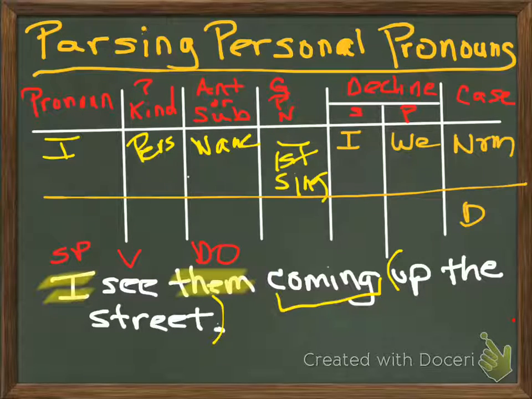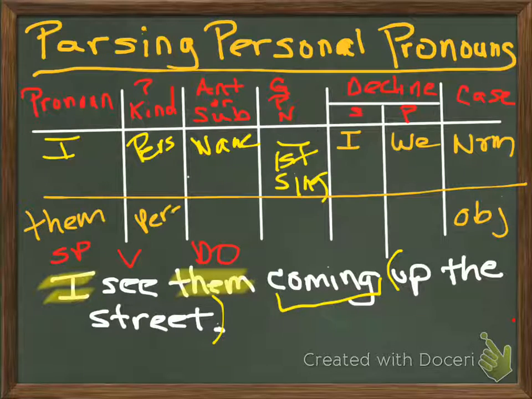We already know the case. It is a direct object, so it's in the objective case. We know it's the pronoun them. We know it's a personal pronoun. Who is it referring to? Them is referring to the understood name of the people spoken of.